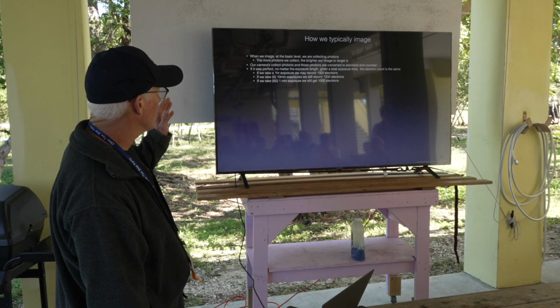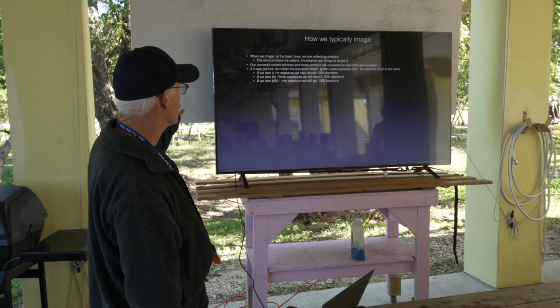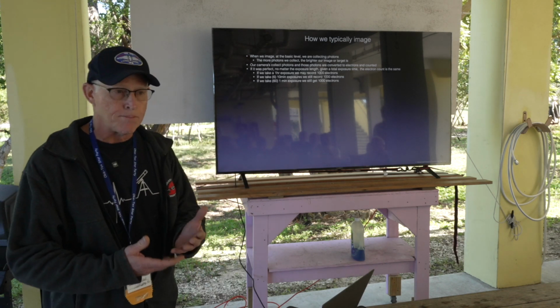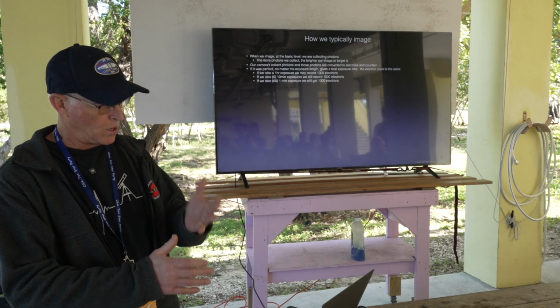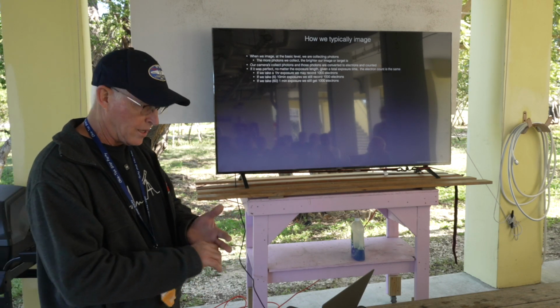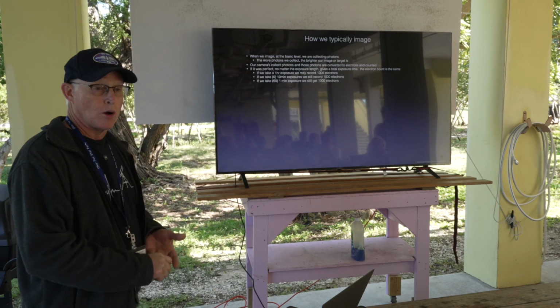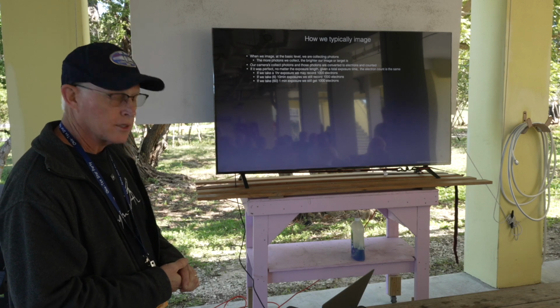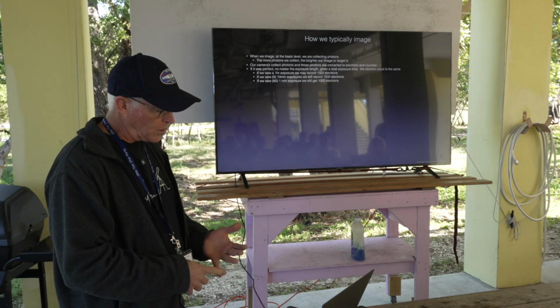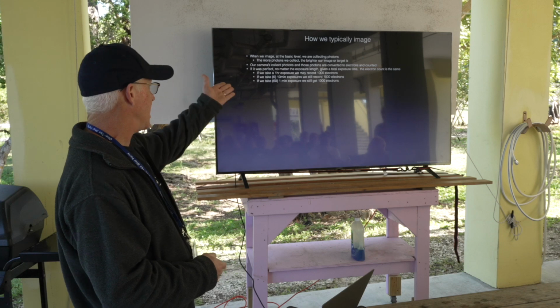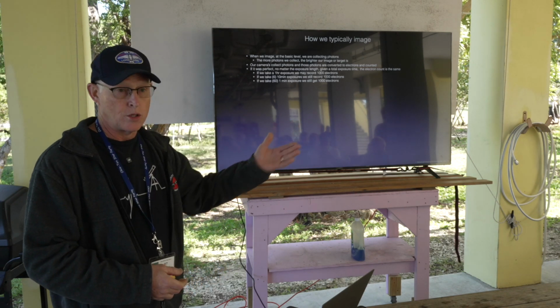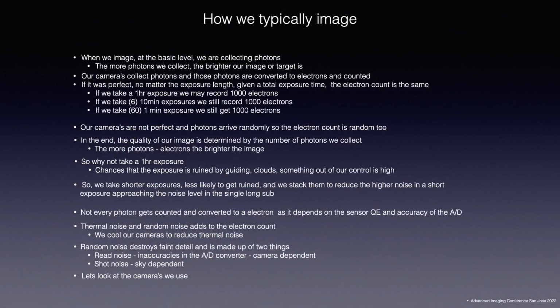If we had a really perfect camera, 100% efficient with no noise, and we took a 1 hour exposure and detected, for example, 1,000 electrons, then if we split that up into six 10-minute exposures, we'd still get 1,000 electrons. And if we took sixty 1-minute exposures, we'd still get 1,000 electrons. But the problem is our cameras really aren't perfect.